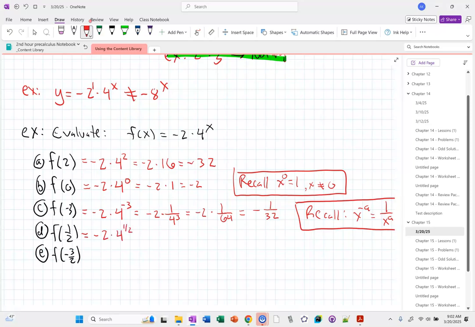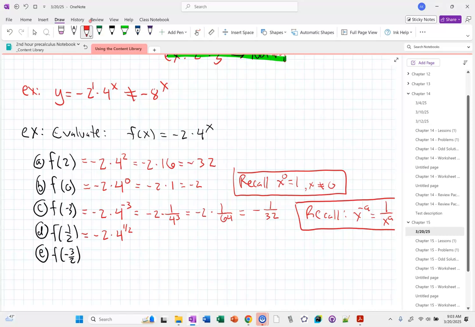Okay, next is f of 1/2. So that's going to be -2 times 4 to the 1/2. What does like a fractional exponent mean? Well, when I have a unit fraction like 1 over something, that's going to indicate that it's a radical.